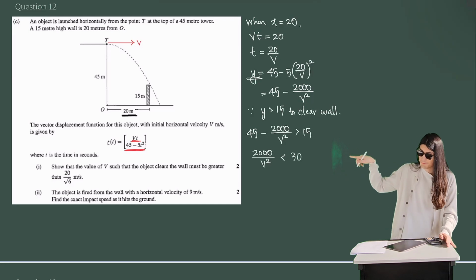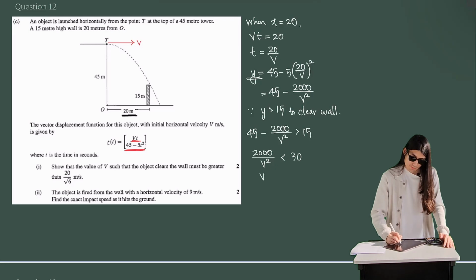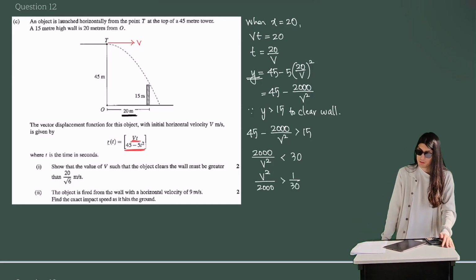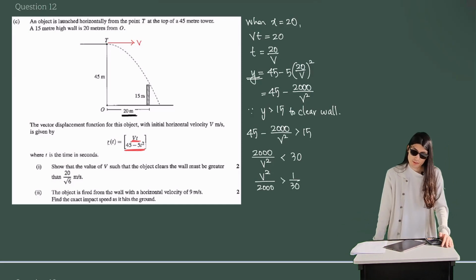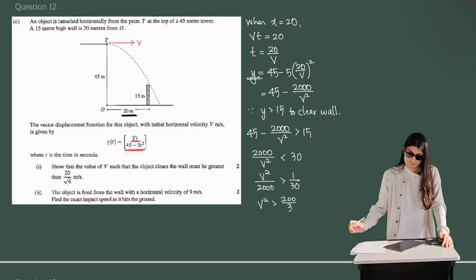Now I'm going to flip both sides around essentially. But when you flip the sides of an inequality, the inequality sign also flips. So v squared over 2000 is greater than 1 over 30. That means v squared is greater than 2000 over 30, which is 200 over 3.